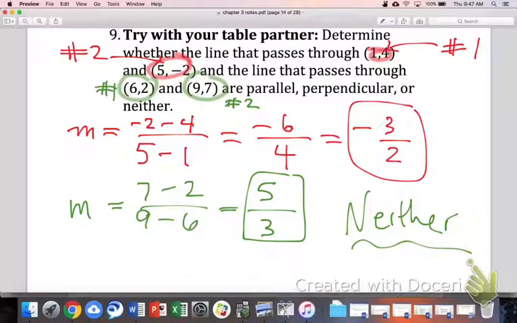I think a graph would be an okay indicator, but honestly, it's hard to tell if a line is half a degree off. If one slope was like 5/32 and the other one was 6/32, it's going to be really hard to tell the difference. So I would use this sort of thing to be for sure.